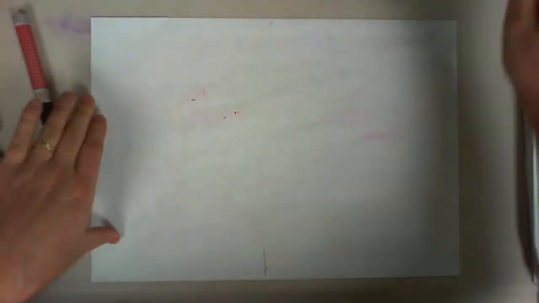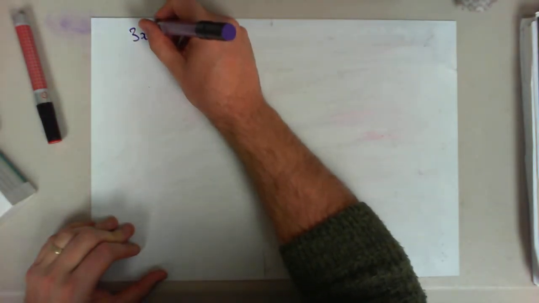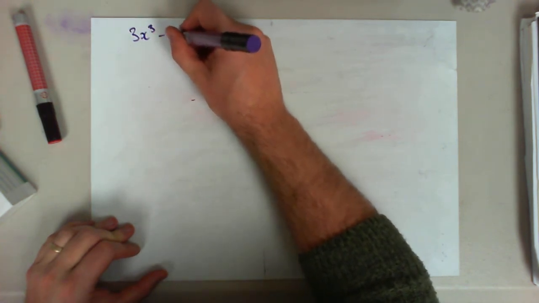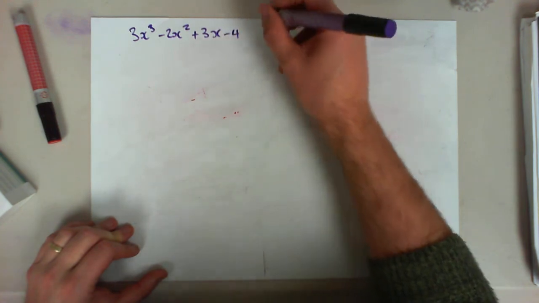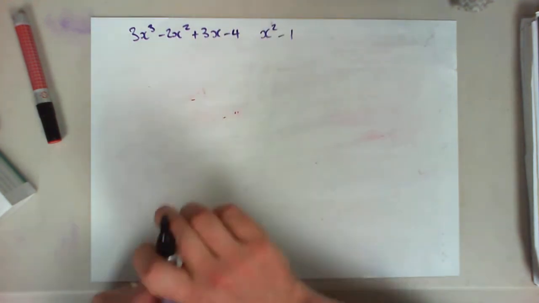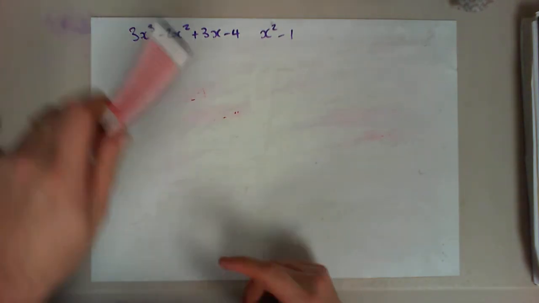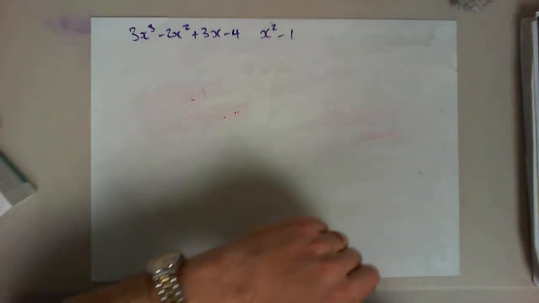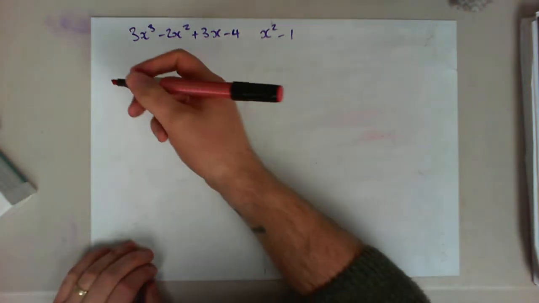Okay. This time we're going to ask, what happens when I need to divide 3x cubed, take 2x squared plus 3x, take 4, by x squared take 1? Okay, that's what we're looking at. So we'll get this set up. Now, we've got a problem here. We don't have our x term in there, so we need to put that in as well.